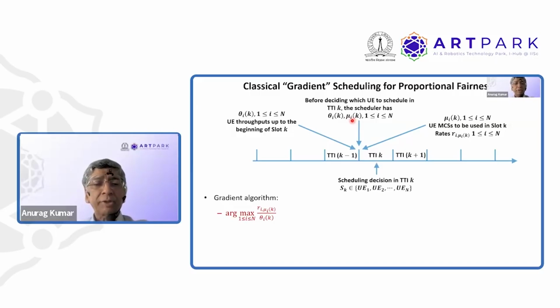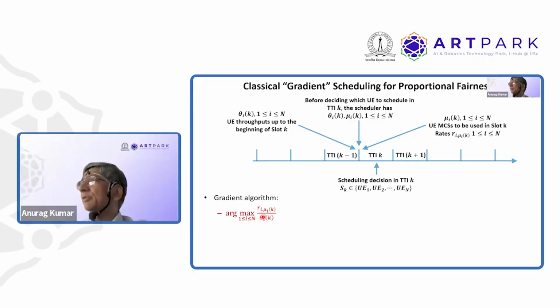Okay. So what does the scheduler do? The scheduler takes the current rate as before, nothing new here, divides by the throughput and takes the maximum. This algorithm, by the way, belongs to a class of general algorithms called gradient scheduling. Why is it called gradient scheduling? If you take the derivative of log x, you get 1 over x.